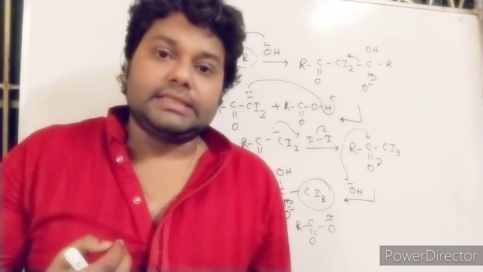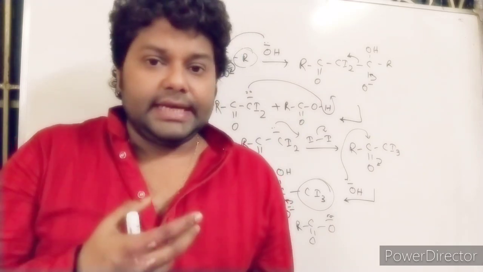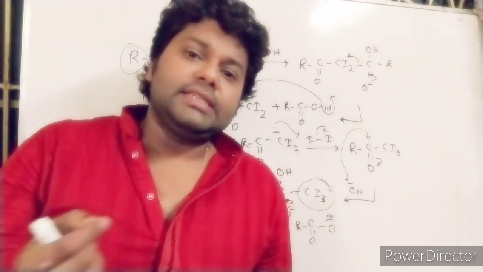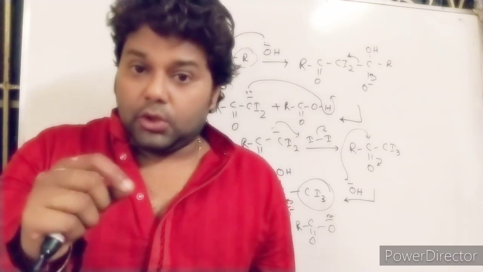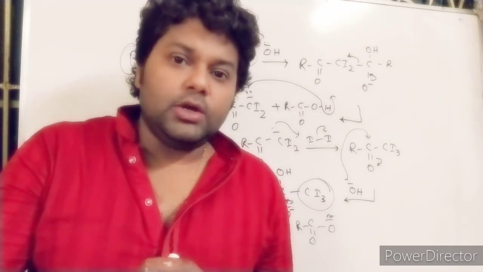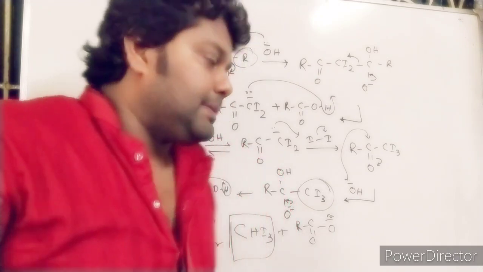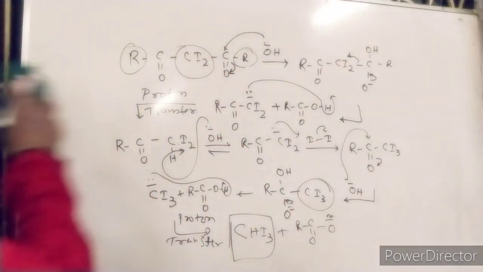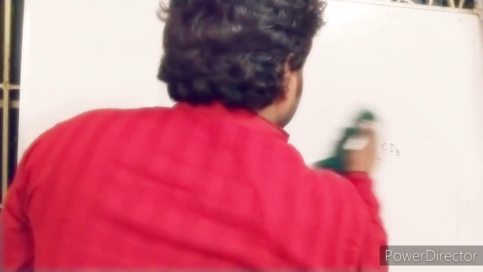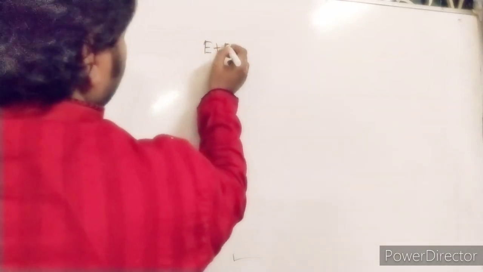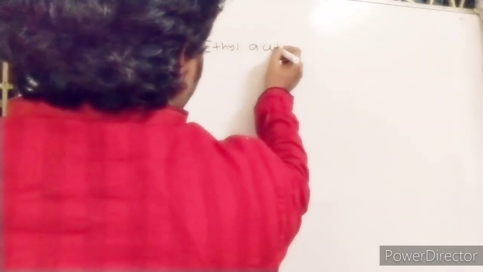Now something else, something different, something reverse actually. Now we will see a compound which has a keto-methyl group. But the question is, will it undergo haloform reaction? Let's see that. So we have a compound called ethyl acetoacetate.